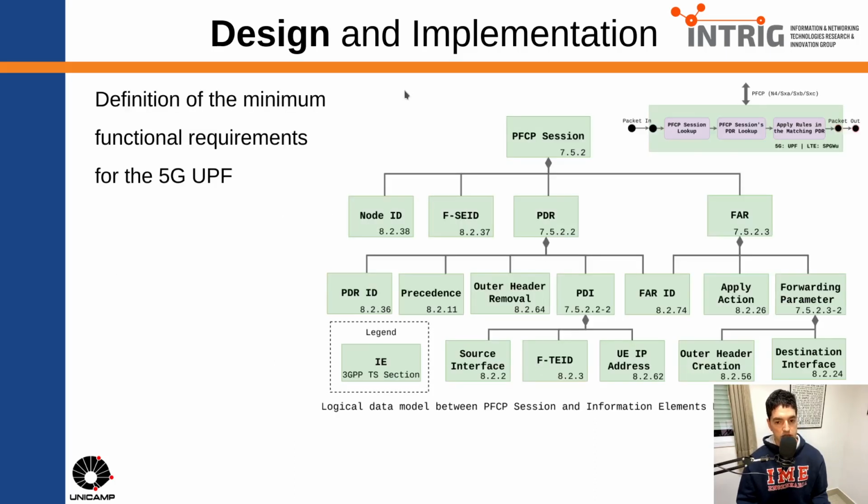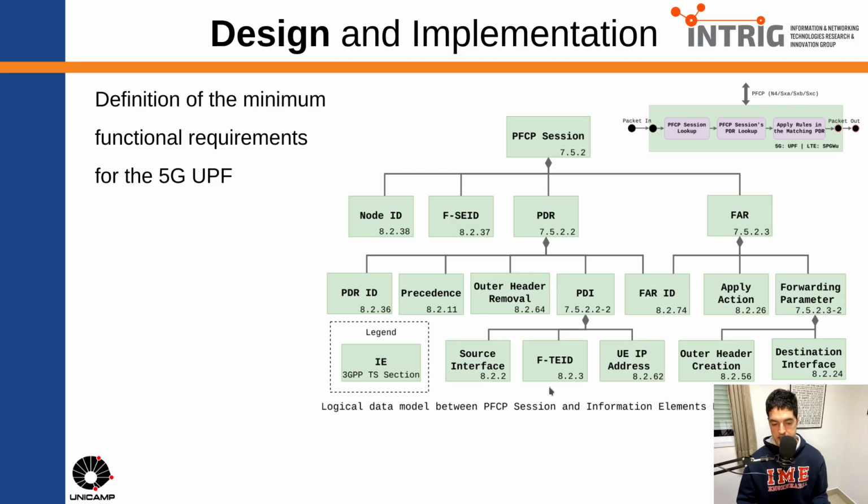So here are some of the minimum requirements that we defined for the first version. Here we have the PFCP session, which, as I mentioned before, is composed of two rules, basically, the packet detection rule and the forward action rule. This rule has some parameters, but the main parameters are these for the PDRs.